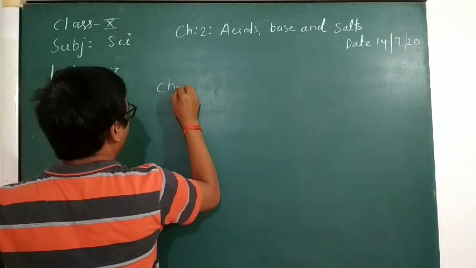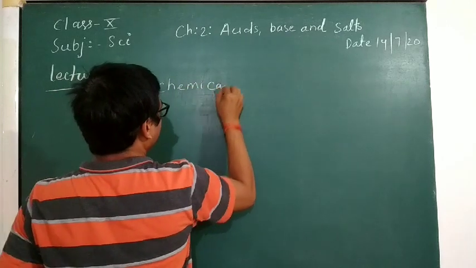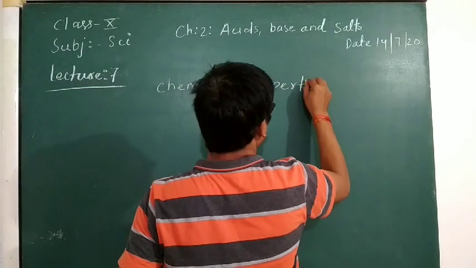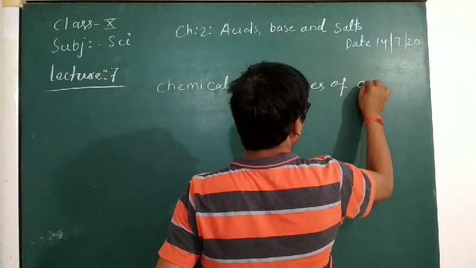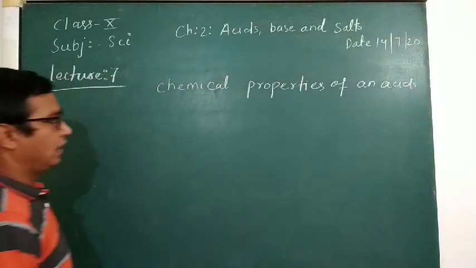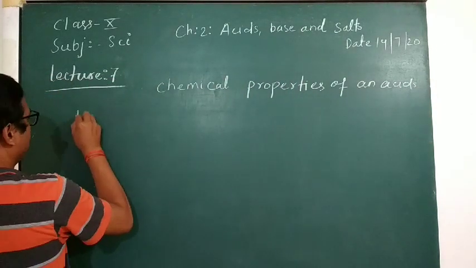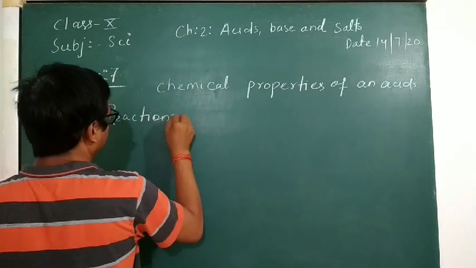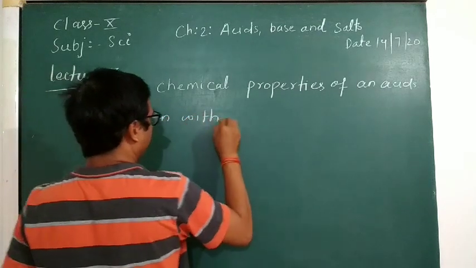Chemical properties of acids. First is reaction with metals.